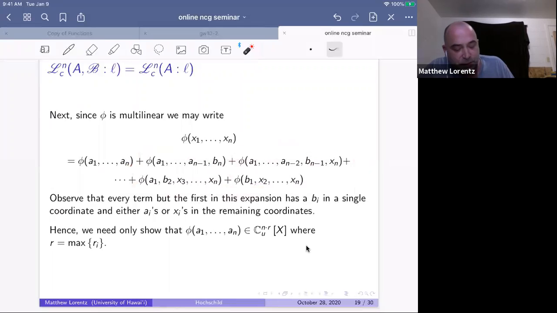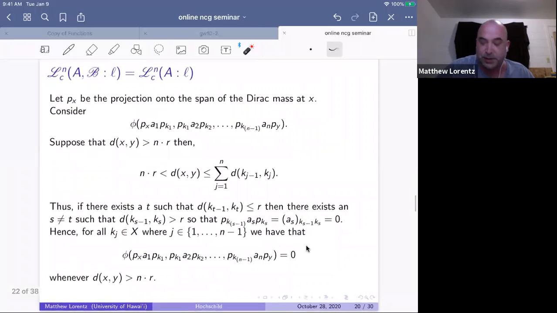So really what we need to do is show that if we're just giving it finite propagation operators, then it itself will be finite propagation at the end. And here the r that I'm using is the max of all of the r_i's that I get from these. Okay.